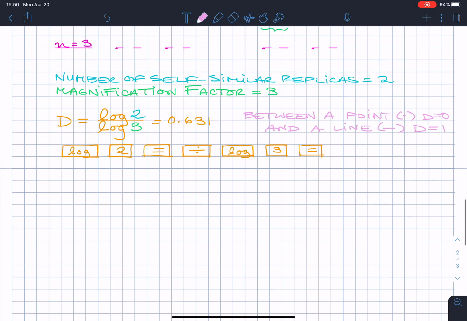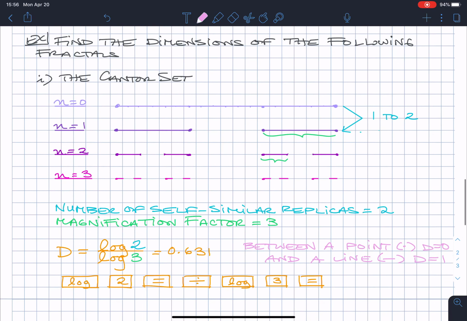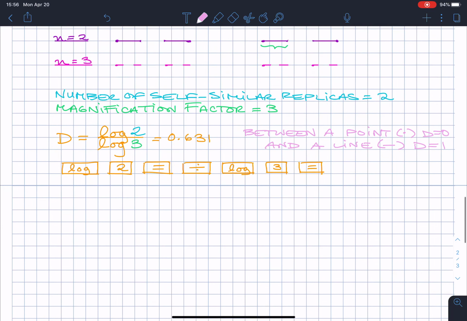So the Cantor set is between dimensions. It's not quite a point. It's more than a point, but it's less than a line. So that's why it's called a fractal, because the dimension is a fraction, non-integer.